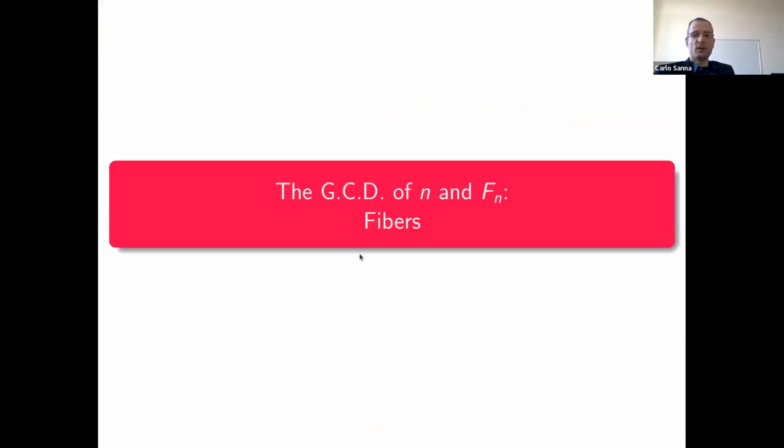All right, so here we come to the main topic, which is the GCD of n and the nth Fibonacci number.